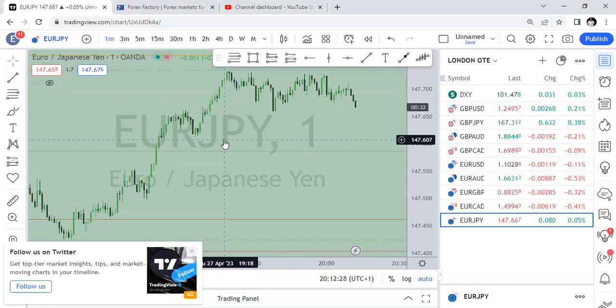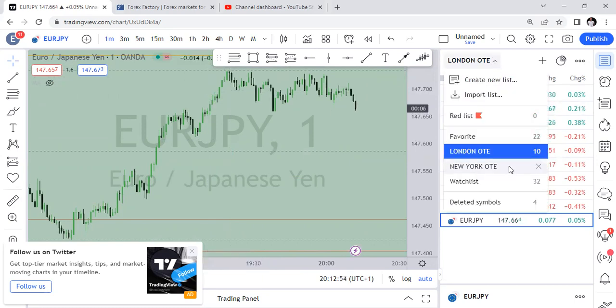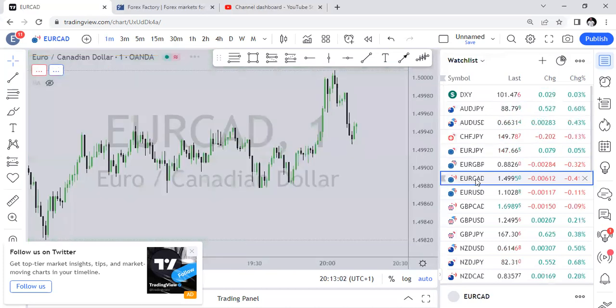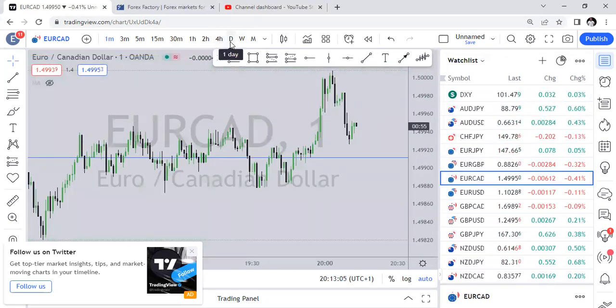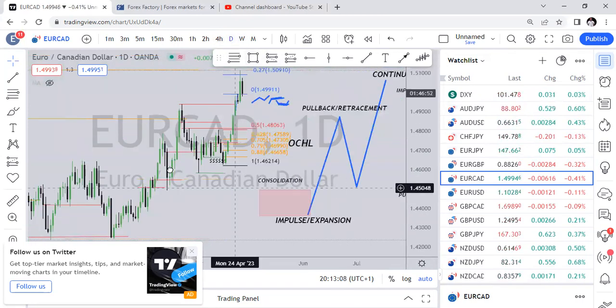So our goal is to be able to look at the market and make wise decisions. To help us do that, before we make decisions, we want to look at the market with that top-down analysis view, from a higher time frame down to a lower time frame.